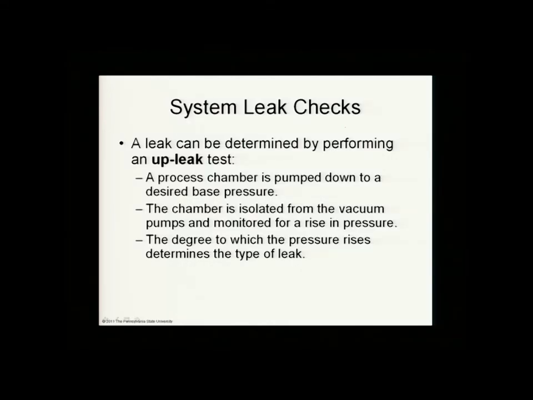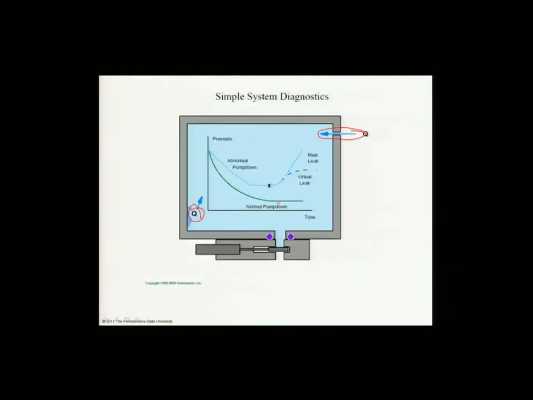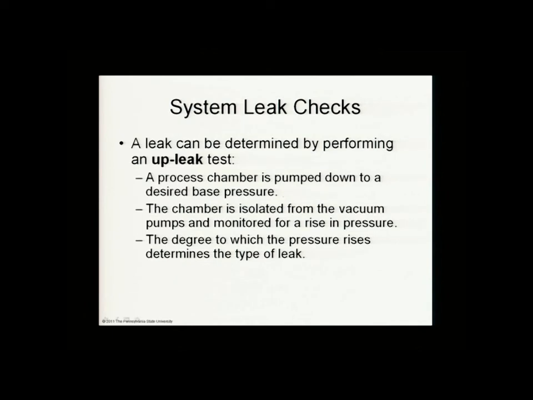A leak can be determined by performing an up-leak test. You can undertake this test by taking a process chamber and pumping down to a desired base pressure, which is what we saw here. The chamber is isolated from the vacuum pumps and monitored for a rise in pressure.